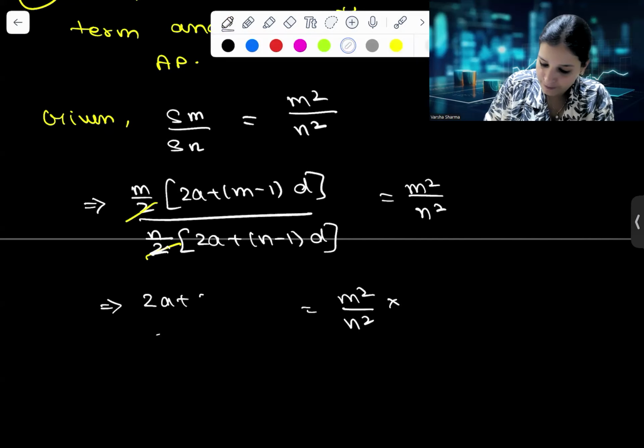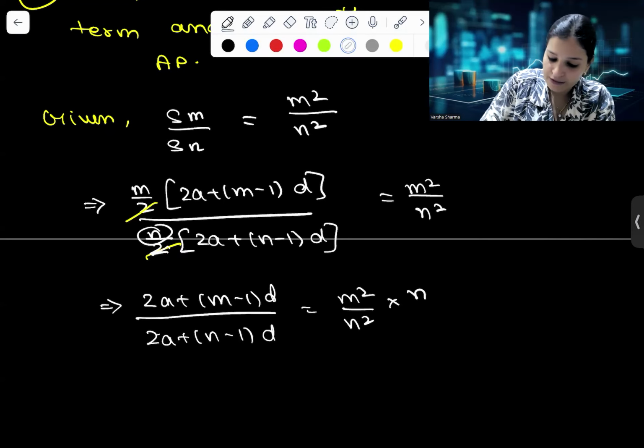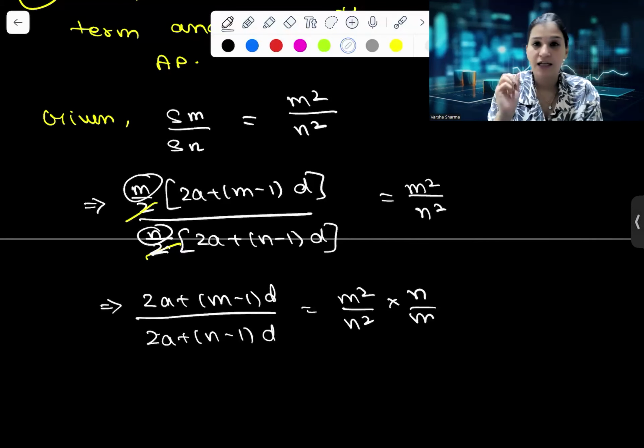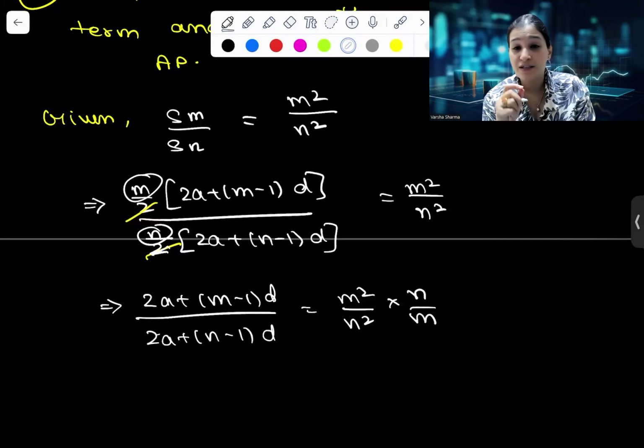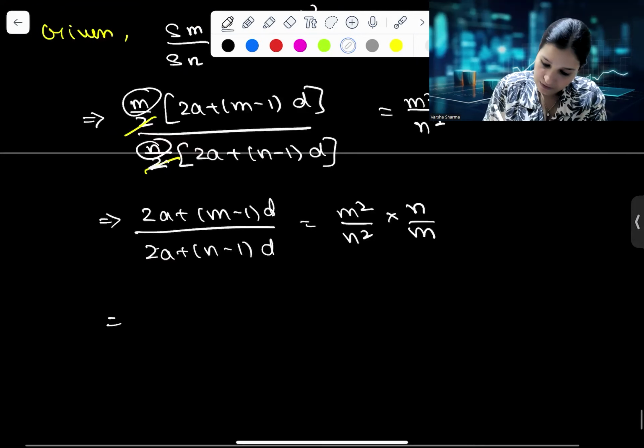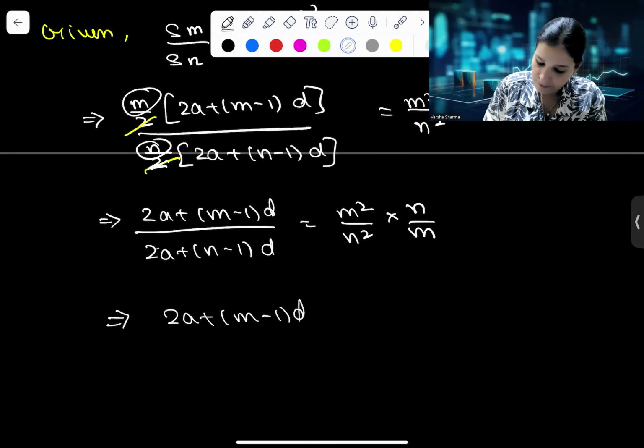Left with 2a plus m minus 1 d over 2a plus n minus 1 d. This n goes to the numerator, this m comes to the denominator. Any doubt till here? Please look at what I have written and then tell me yes or no. No, ma'am. So 2a plus m minus 1 d upon 2a plus n minus 1 d equals m by n.